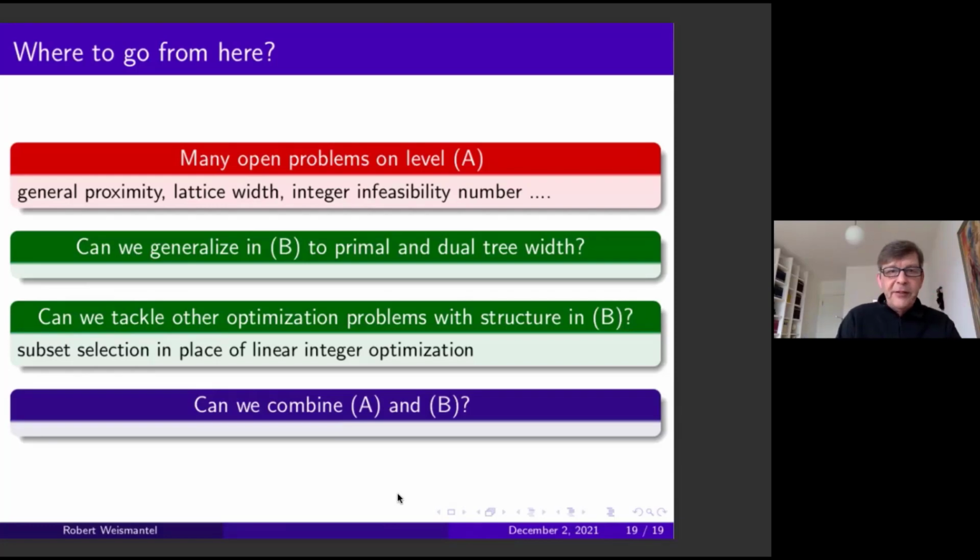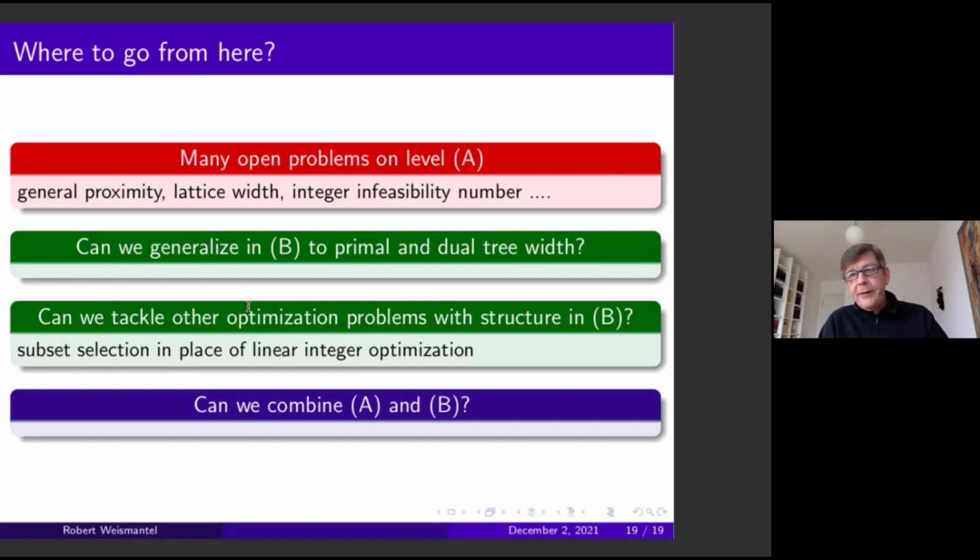That would really be an extension. And I think it's also very interesting to consider other optimization problems with the sparsity properties in B, where, for instance, you could look at subset selection in place of this linear integer optimization. This, however, is not so easy. I thought about this also for a while.